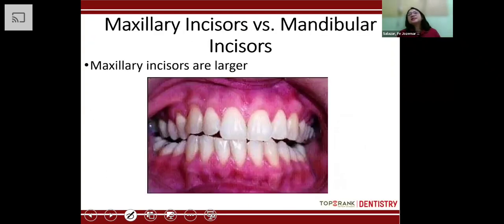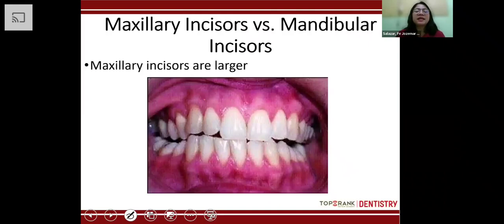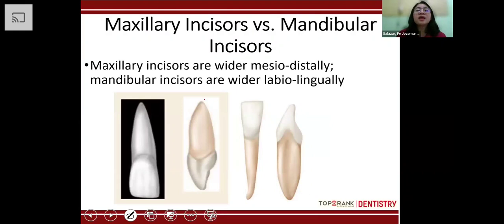Okay, so let's discuss the differences between your maxillary and your mandibular incisors. Madidiscuss din natin. So maxillary incisors are of course larger. They are wider. Ano yung rule natin kanina? Teeth are wider labiolingually than mesiodistally, except your maxillary central and lateral, and mandibular molars. So maxillary incisors are wider mesiodistally than labiolingually.